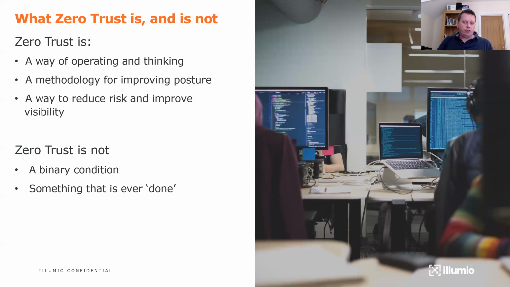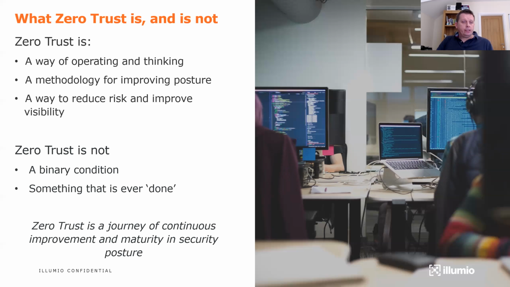It's an iterative process, and effectively it's a journey. Zero trust is a journey of continuous improvement and maturity. In fact, Forrester talk about that in their maturity model: you cannot expect to become zero trust on day one. You have to think about the journey and how you make improvements to the environment as you go.